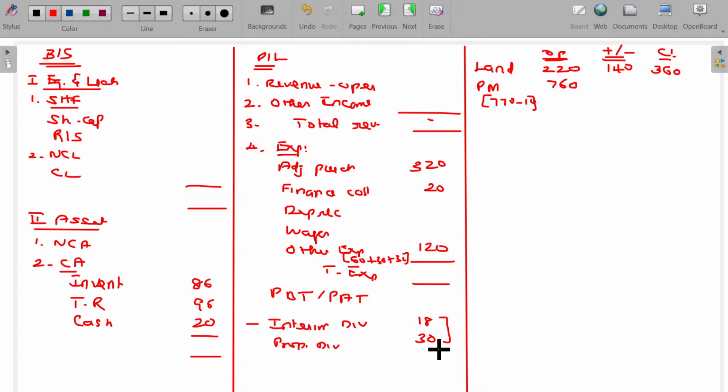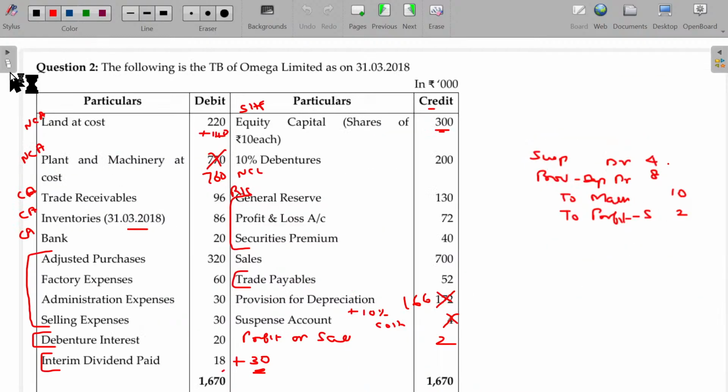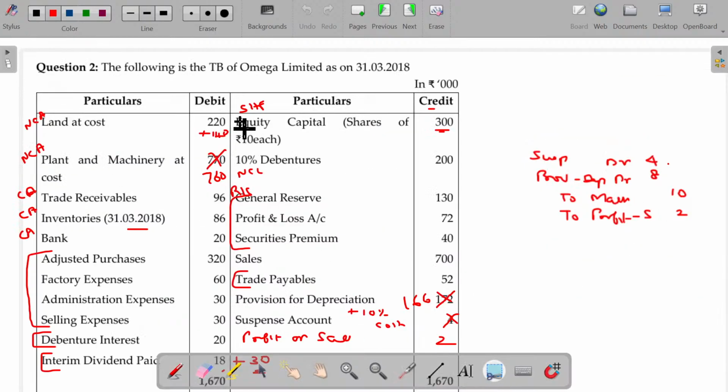Is that okay? Currently, it is only proposed. How much is that? 30 rupees. Am I right? I'll subtract here 30 rupees, proposed dividend. I'll discuss that later on. So we have completed what?